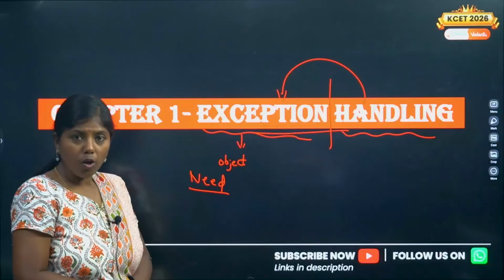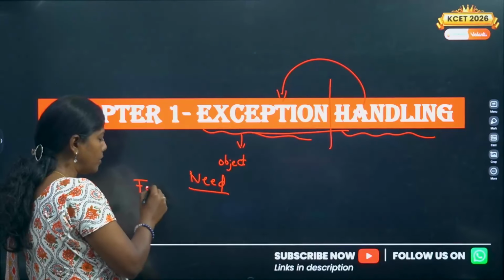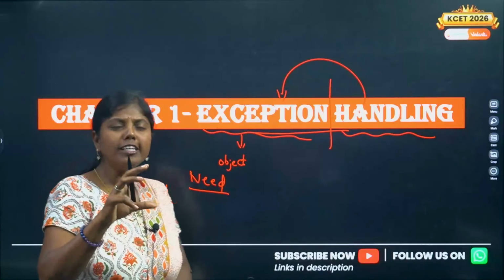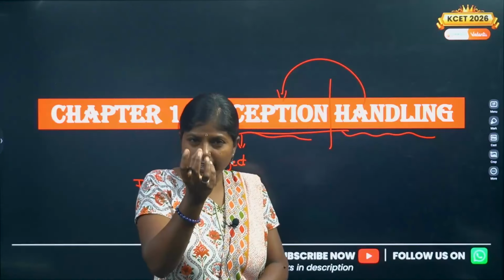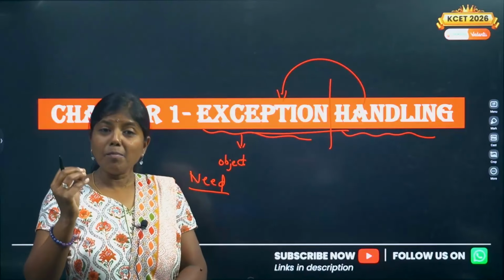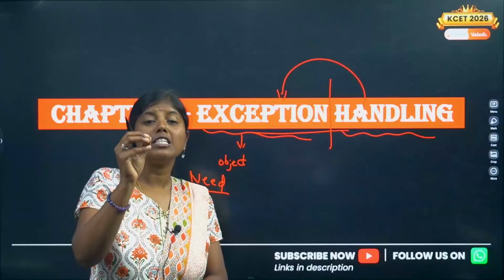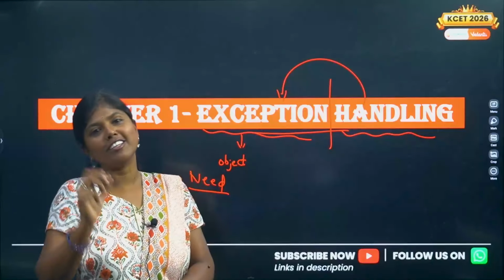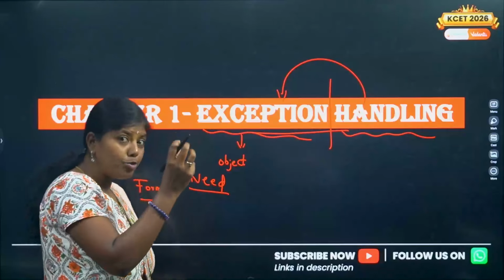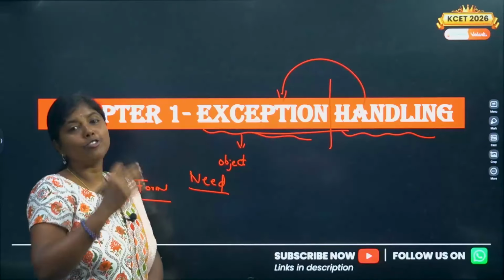If you have to tell me the formal definition of exception handling, it's a useful technique that captures the runtime error and gives a proper message to the user on encountering the error. It's a useful technique in capturing runtime errors and gives an appropriate message on encountering the error.